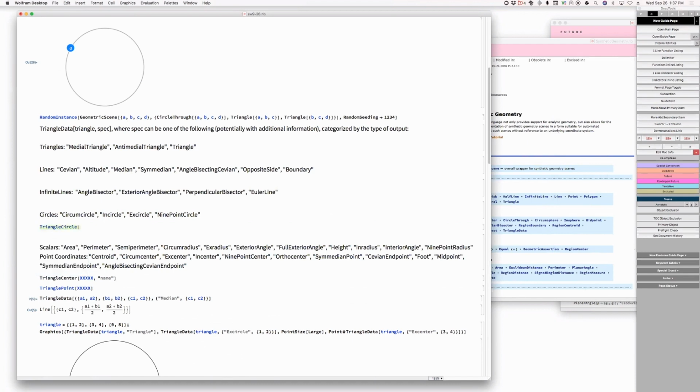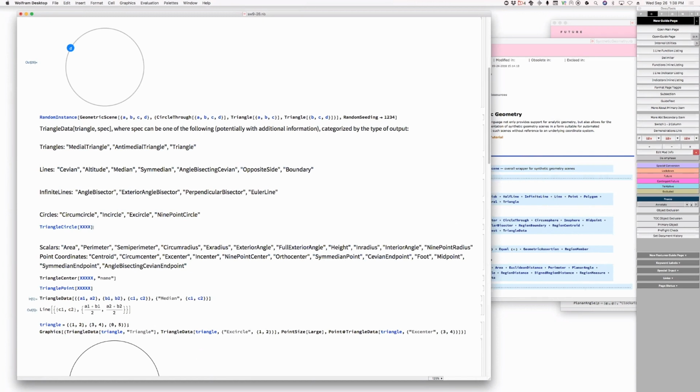First of all, the first argument here, I claim, of all these functions should be either the naked points or the triangle object. Do you agree? Yeah, which is currently the case. Okay, fine. So let's take a look at this idea: triangle circle would default to the circumcircle.